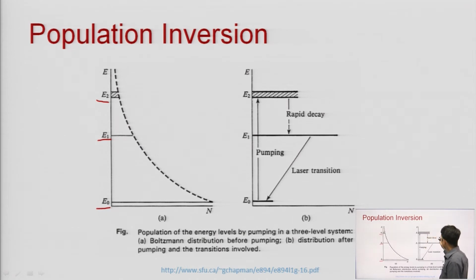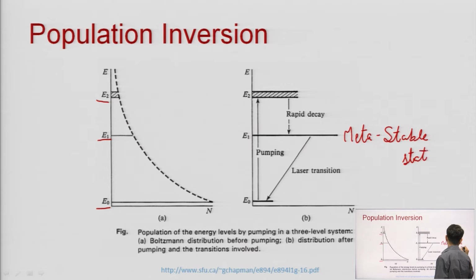Now, in this 3 energy level system, this E1 state is a metastable state. Now, we know in a metastable state electrons can stay for a longer period.